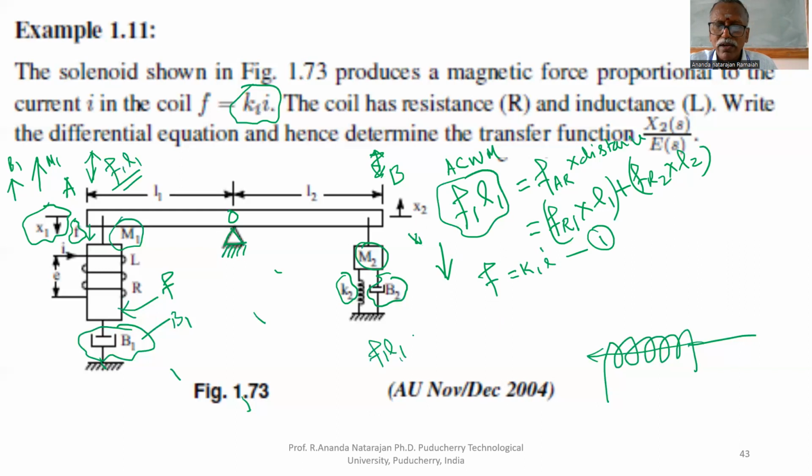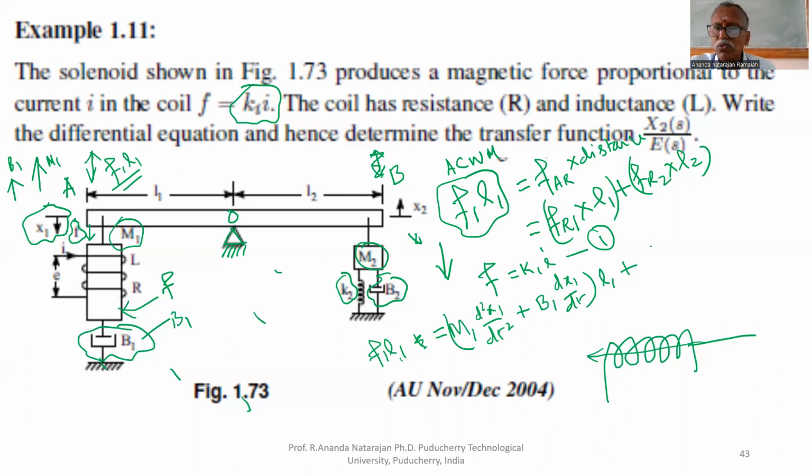F1 L1 equals the clockwise moment developed on this side: M1 d square x1 by dt square multiplied by L1, plus another force B1 dx1 by dt multiplied by L1. Plus, at this end, what are the reaction forces developed?